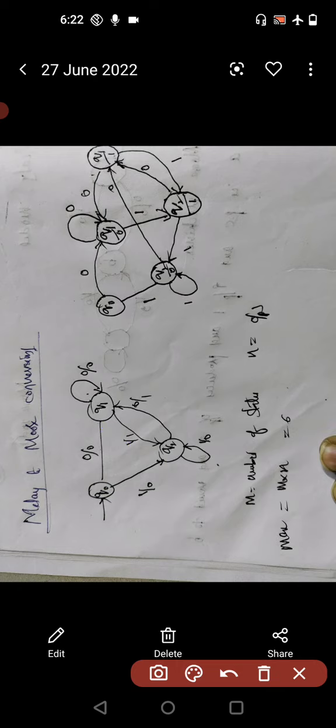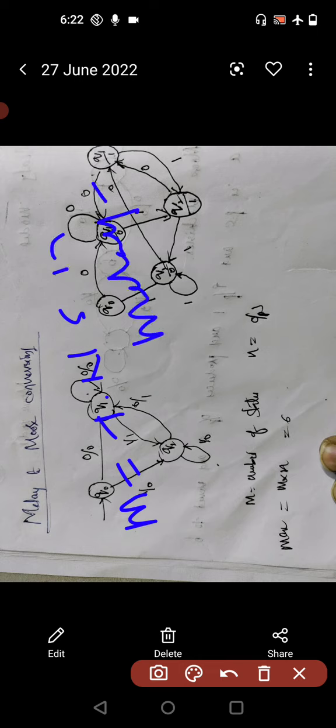So that is a conversion process we have to take into the MEALY to MEALY machine. So here one important consideration is that small m is equal to the total number of states in the MEALY machine. So that is equal to 3 here. Okay, outputs is equal to 0, 1, therefore 2 possibilities.